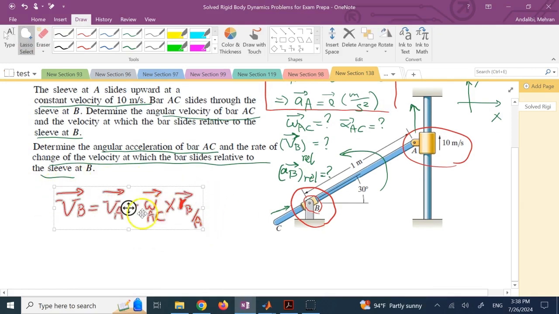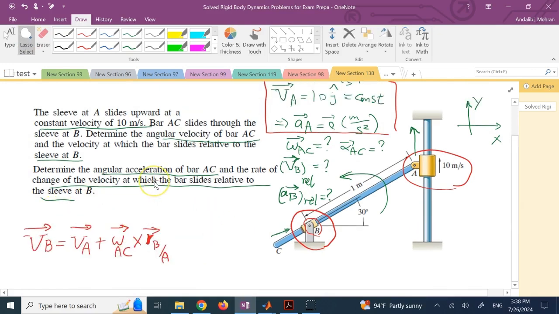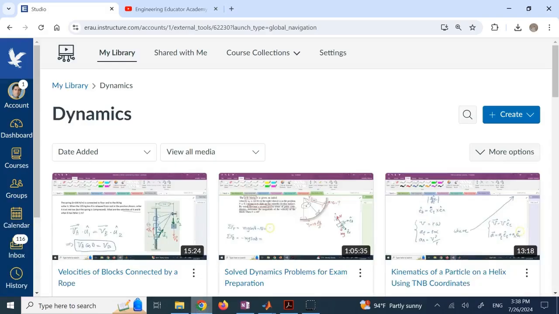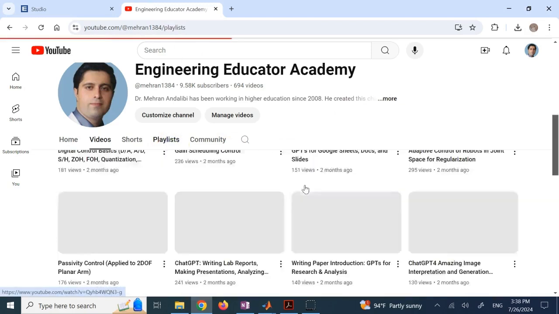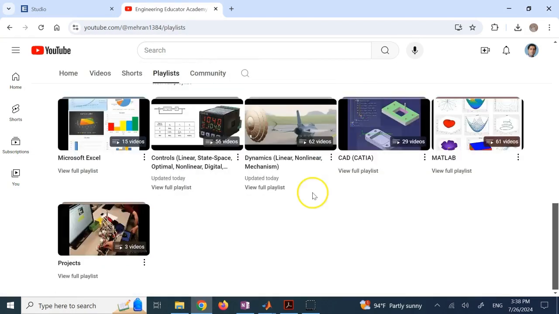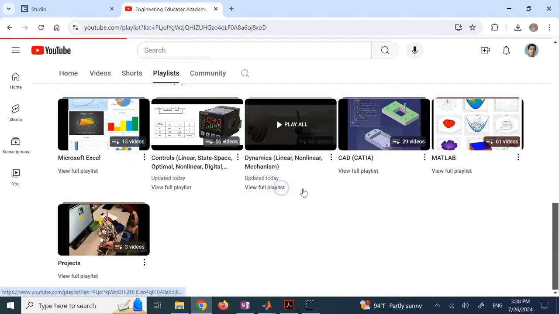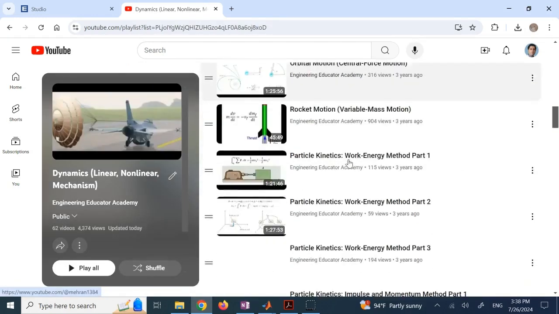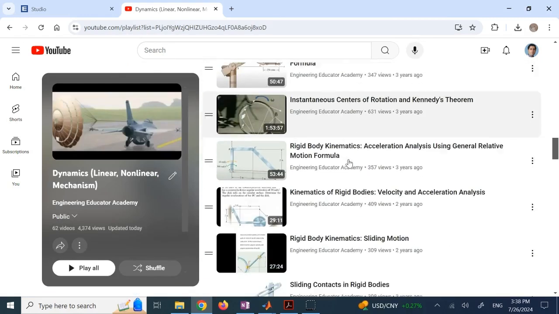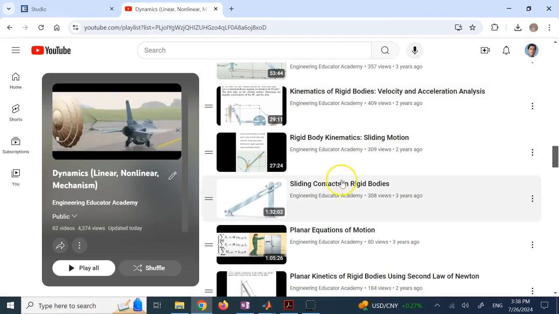But if you watch my videos for sliding motion, and I recommend you go and look at them. If you go to my playlist dynamics, let me just refer you to where you should be looking, and go to sliding motion for rigid bodies, and find the kinematics part, which is here, sliding contact in rigid bodies.